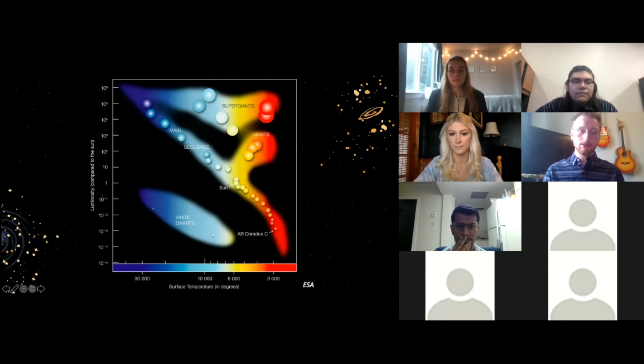The bottom scale of the graph is actually backwards, so the hotter stars are on the left and the cooler stars are on the right as temperature decreases. As you can see, the section of white dwarfs exists at the bottom because they are very, very dim, and all the way over to the left because they are extremely hot. As a white dwarf cools, it'll start at the top there and move down to the right, cooling off.